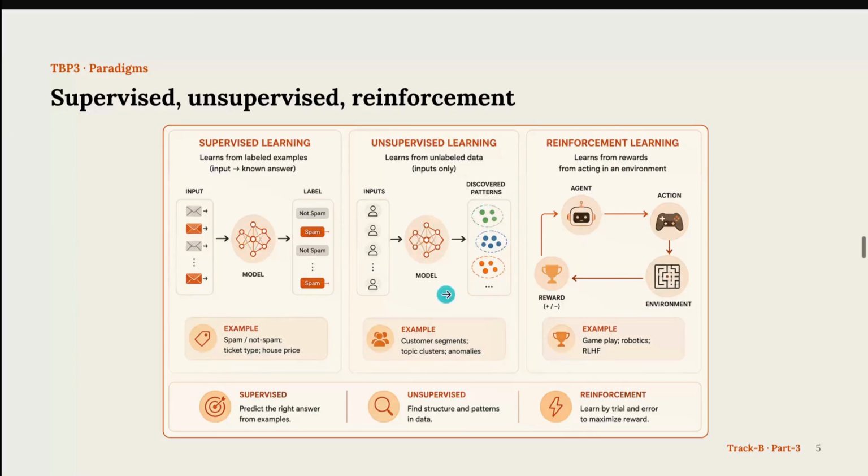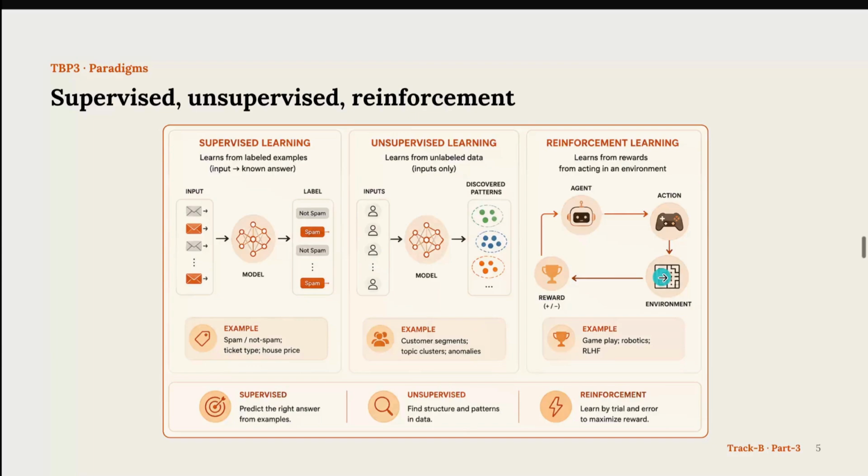Reinforcement learning is an exception to these two, because here we are learning from rewards instead of learning from input labels or on its own. Here a human or another system rewards based on the action taken in a particular environment. If a robot or an agent takes the action of moving forward in a grid or a maze, we reward it based on whether it's in the right direction or not.